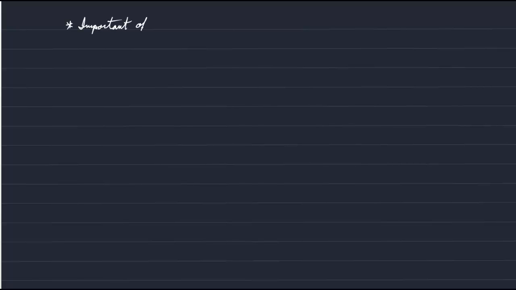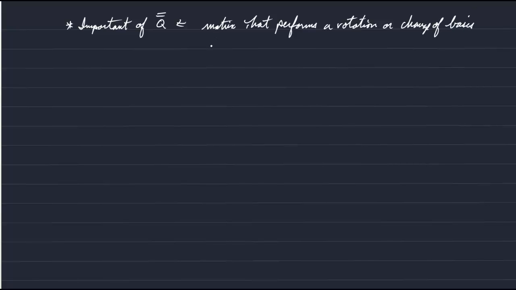So now the last important aspect of Q. Again, this is the matrix that performs a rotation for interpretation 1, or a change of basis between two orthonormal bases.